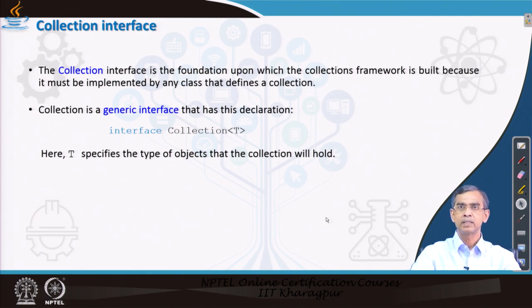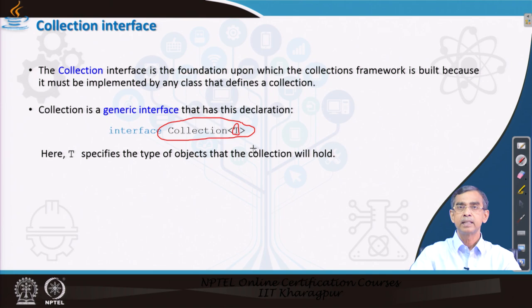Now, let us first consider the collection interface. Collection is the main one, the super, we can say the top of all interfaces. It basically represents a collection of any type. That is why collection is basically generic. So, T is any type.